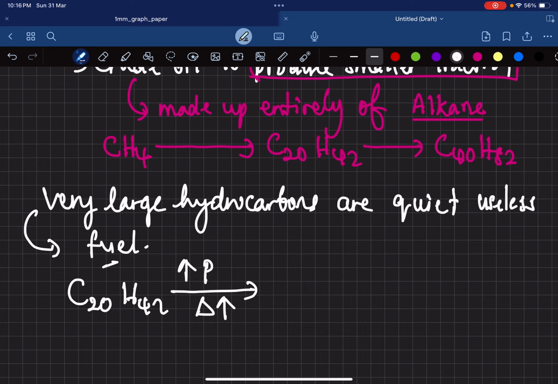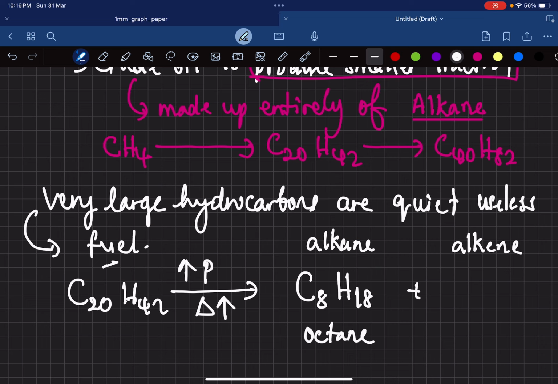For example, you might end up getting C8H18. This is octane, and octane is what we normally use in our cars. So you may get an alkane. You always get an alkane, and you will get an alkene.